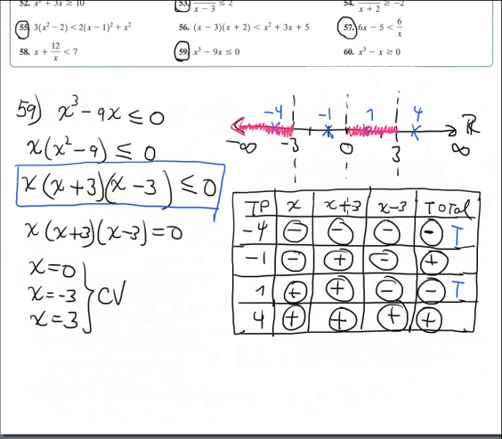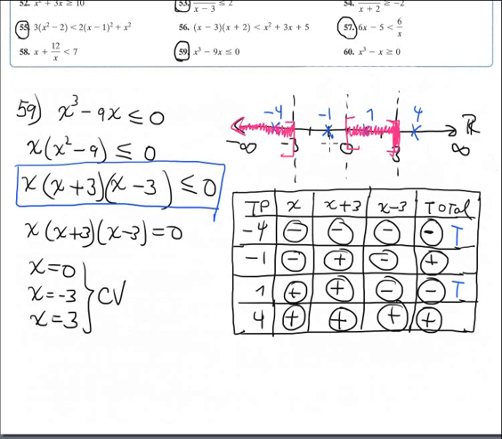Now the critical values belong to the solution because it's equal. So it's a bracket here, and bracket here.